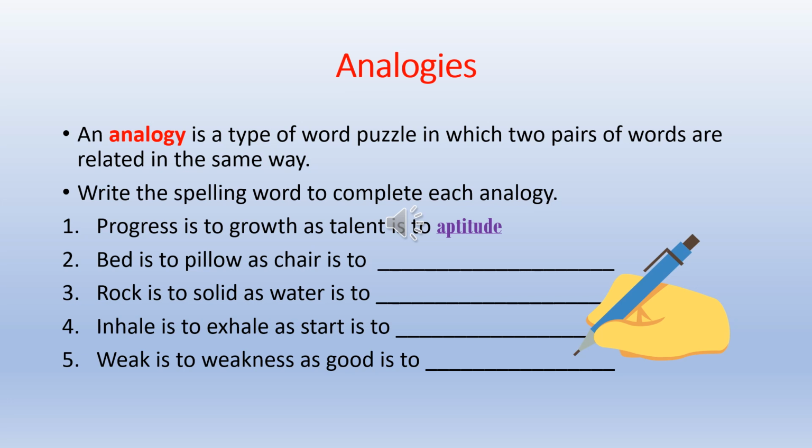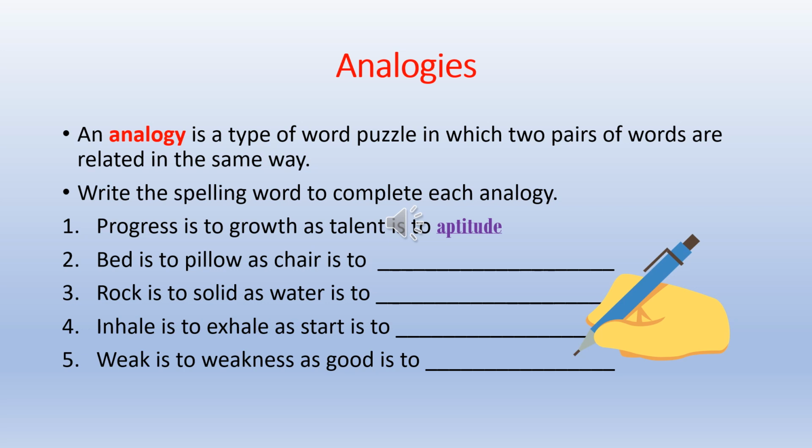Then use that information to figure out the missing word in the second pair. The first pair that we have is progress and grow. You need to find out how these two words are related, and then based on that information, answer the part that is missing.